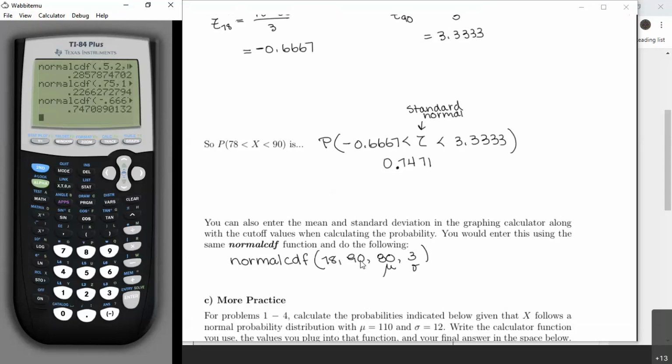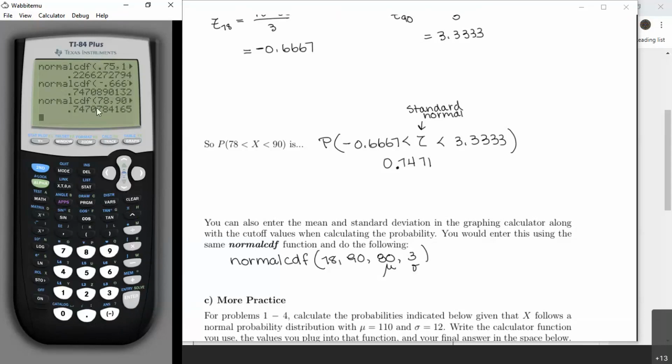Your calculator allows you to do this. Second distribution, normal CDF. My low score was 78, my high score was 90. The mean of the distribution is now no longer 0 because it is not the standard distribution. It's 80, and my standard deviation is 3.